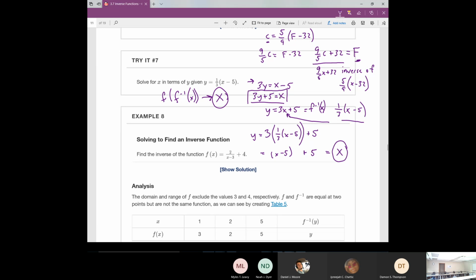Now let's call y the input into this. Any input I give it, if I do this to it, I'm going to be doing the inverse of what this function is doing. And to prove that, I feed that function into it, right there. And now the output is equal to x.